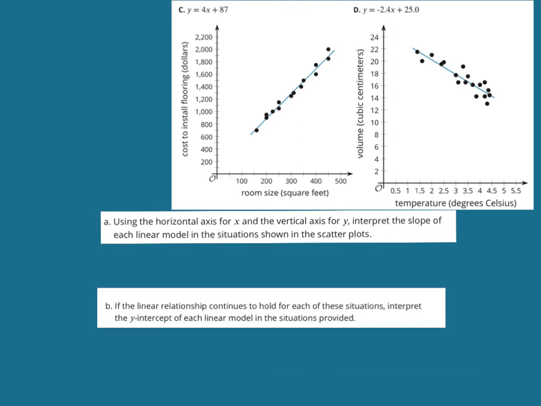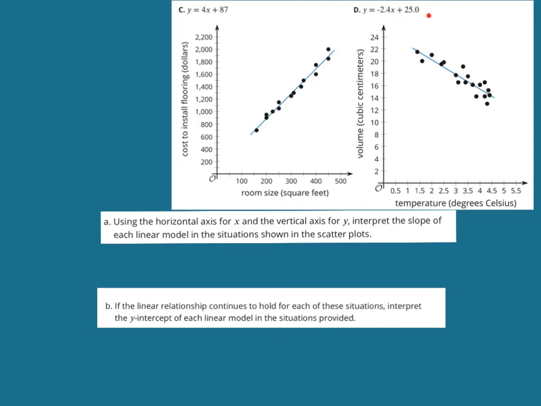Okay, and our last model is temperature in degrees Celsius and volume in cubic meters. So it looks like as the temperature increases, the volume decreases. So for each degree increase in Celsius, the volume goes down by 2.4 cubic centimeters.